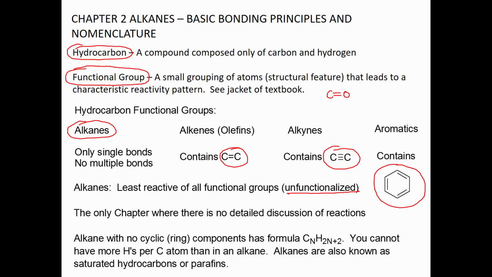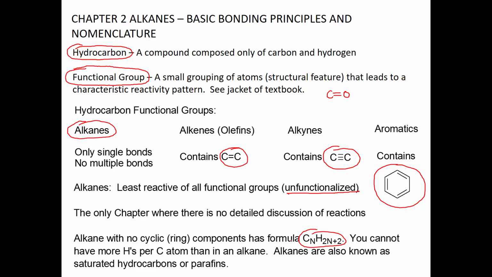Okay? An alkane that doesn't have any cyclic components is characterized by having the formula CnH2n+2. And you cannot possibly have any more hydrogens per carbon atom than you have in an alkane. Thus, alkanes also have other synonyms.